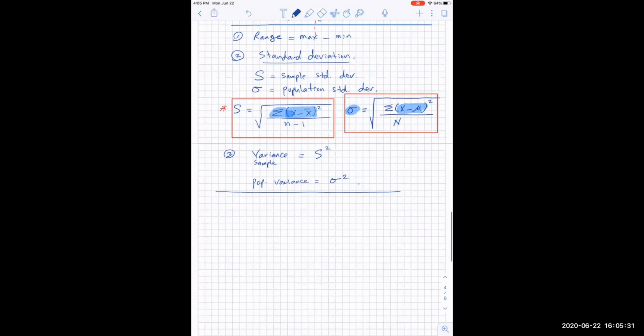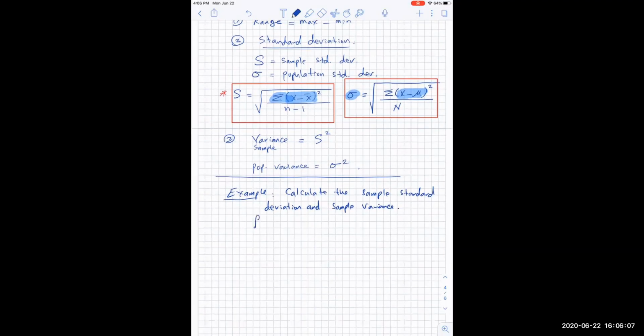All right. So example. Calculate the sample standard deviation and sample variance. And since we're going to do this by hand, let's make it a very small sample set.